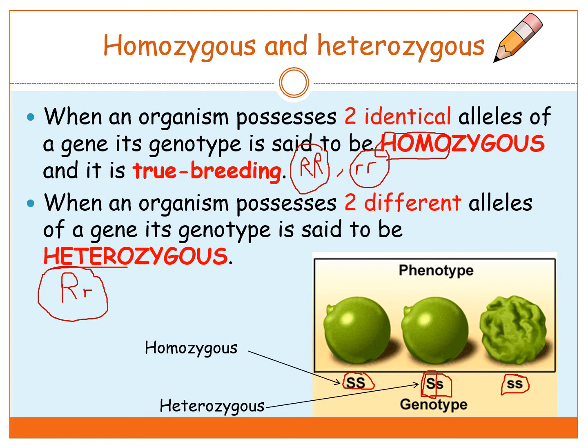So seed number one and number three will be homozygous because their alleles are the same, whereas number two will be heterozygous because its alleles are different. So when alleles are the same, it's homozygous. When alleles are different, it's heterozygous. So make sure you know that before you move on.